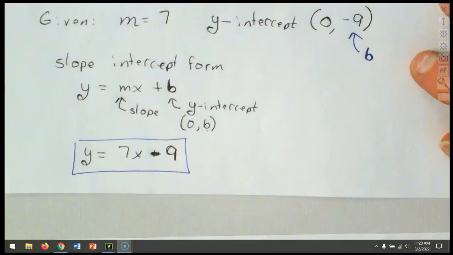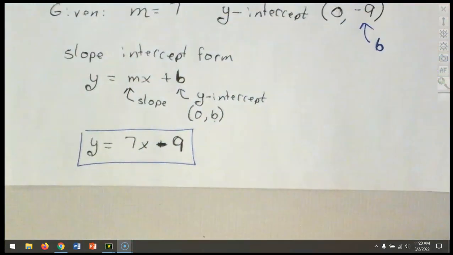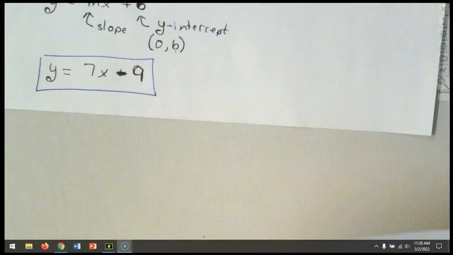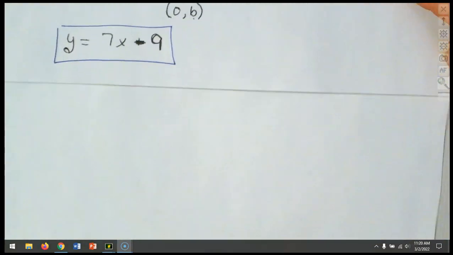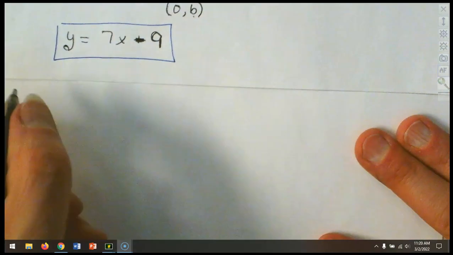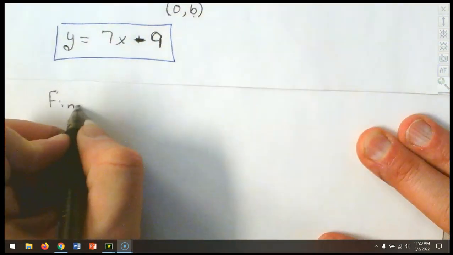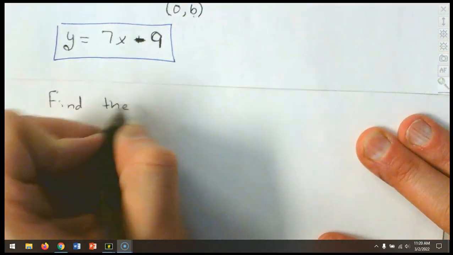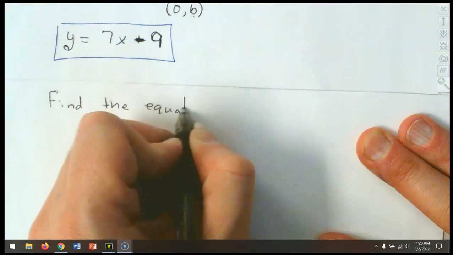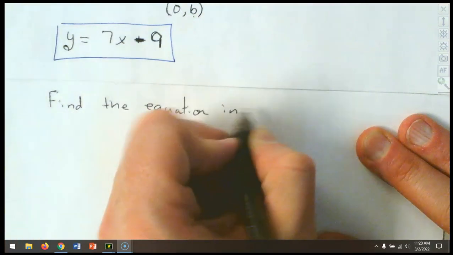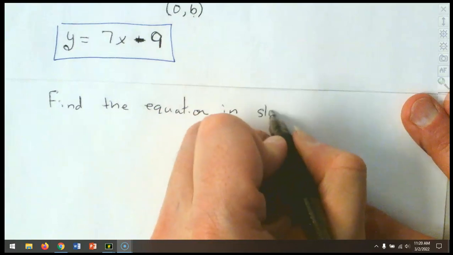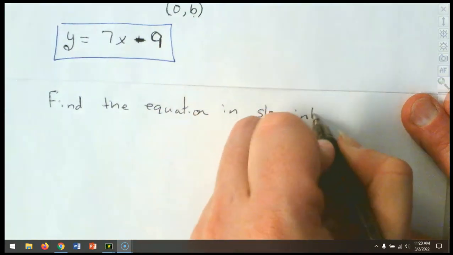Let's do one more. And this will be the last problem for today. So again, same directions. Find the equation in slope-intercept form.